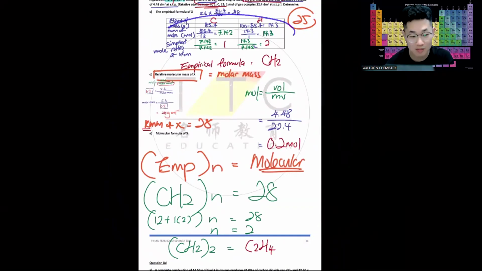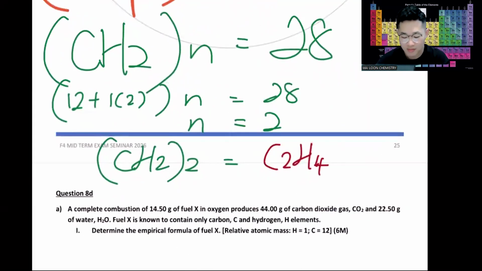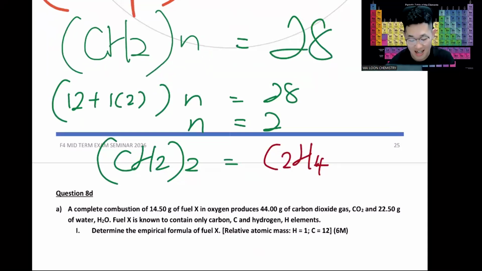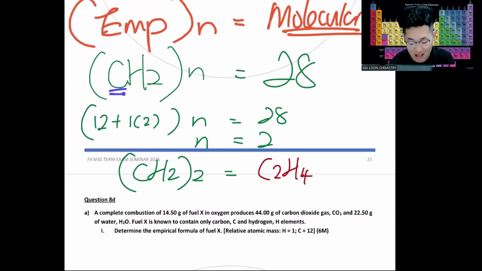If you can't get this part correct, most likely you won't be able to get the answer in the following question as well. I don't understand how you find that N equals to 2. My dear, stop learning mathematics from your sejarah teacher. Okay, see, this one is carbon. Carbon is 12, right? Hydrogen is 1 times 2. Correct?